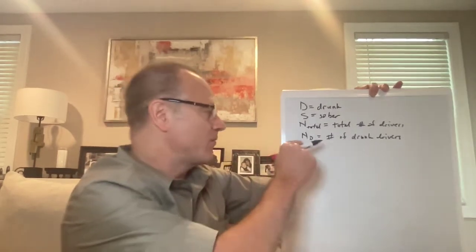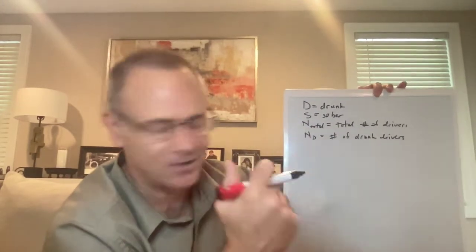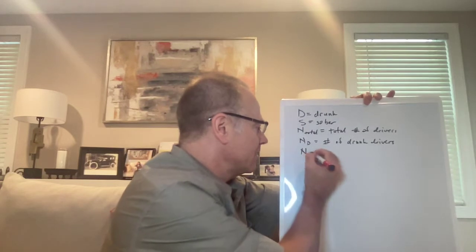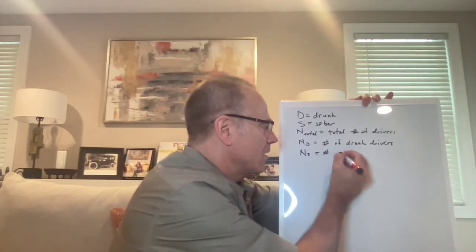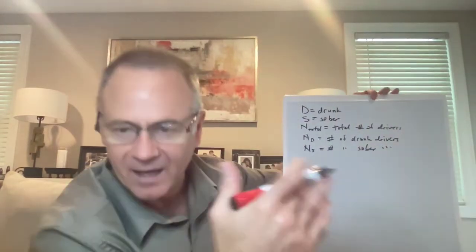So first we'll define N_D, the number of drivers who are drunk, and then N_S equals the number of sober drivers at that given point.